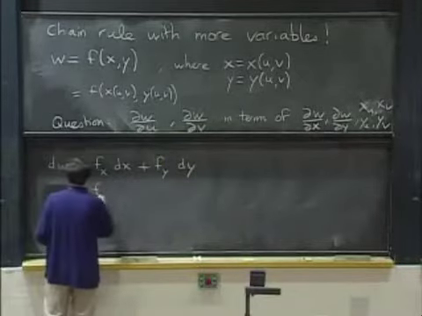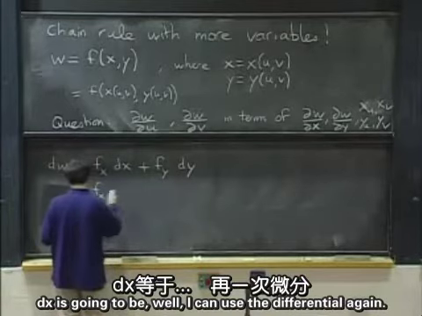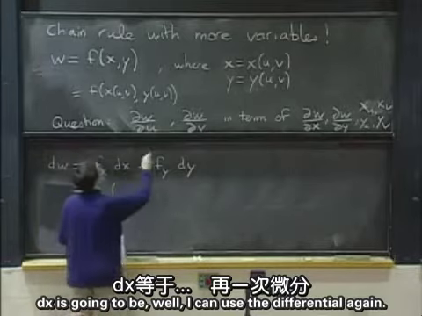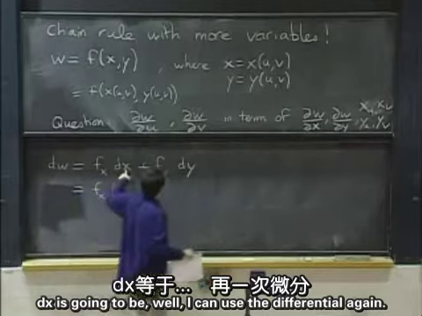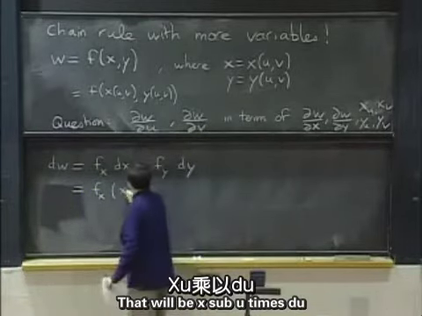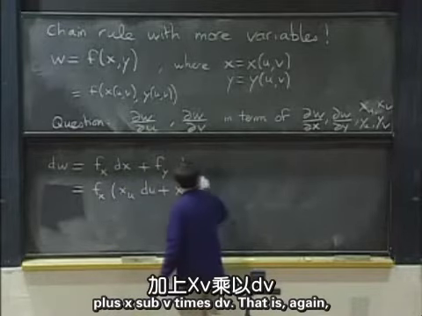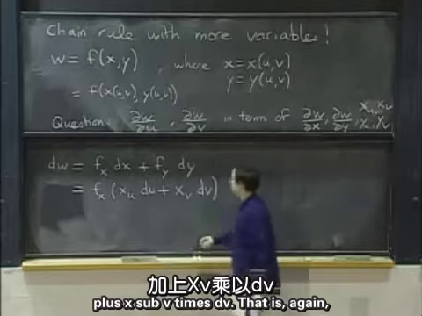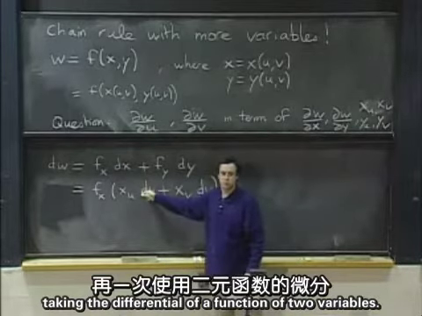Right? So dx is going to be, well, I can use the differential. Again, x is a function of u and v. That will be x sub u times du plus x sub v times dv. Okay, that's, again, taking the differential of a function of two variables. Does that make sense?